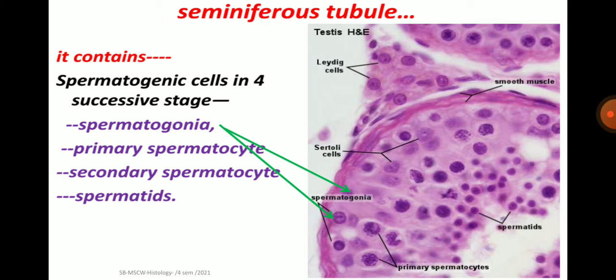You can find the same spermatogenic cells which I explained in the previous slide: spermatogonia, primary spermatocyte, secondary spermatocyte, and the spermatids. Towards the lumen one can also find the spermatozoa with their heads embedded in the Sertoli cells. In between these 2 seminiferous tubules you can find the cells of Leydig in the interstitial connective tissue, which secrete the hormone called testosterone.